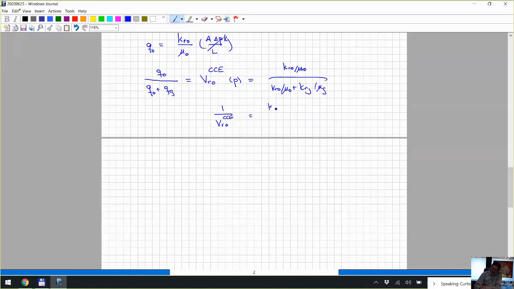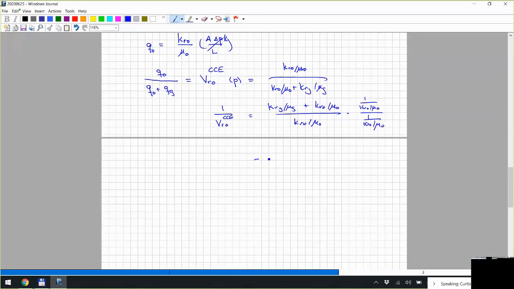KRG over mu G plus KRO over mu O, over KRO over mu O. And then we divide through by 1 over KRO mu O. So that ends up being KRG over KRO, mu O over mu G, plus 1, over 1.